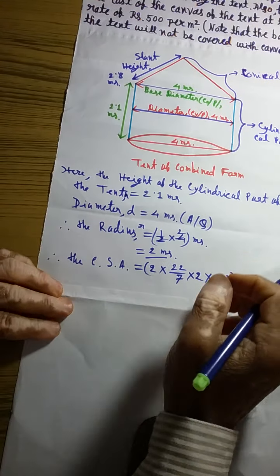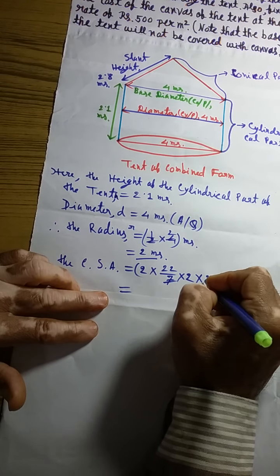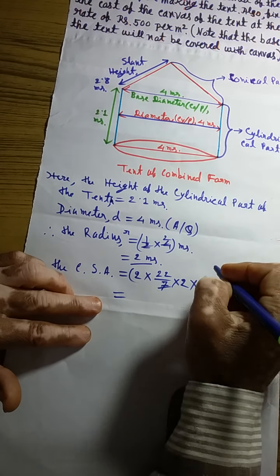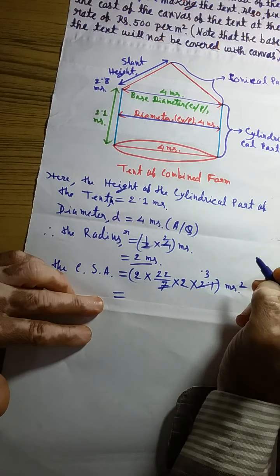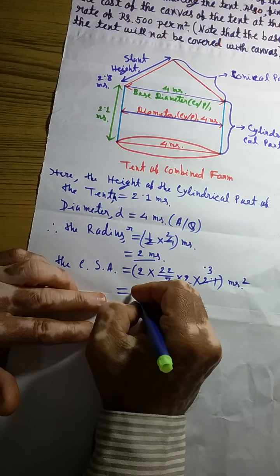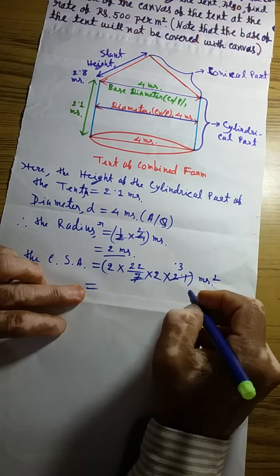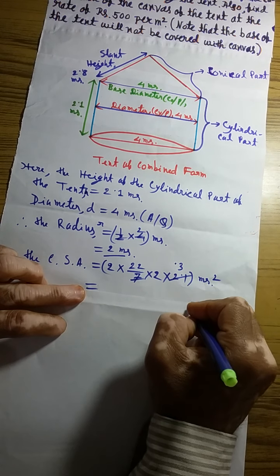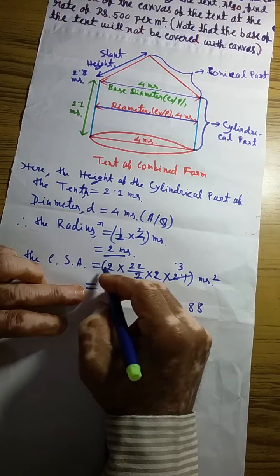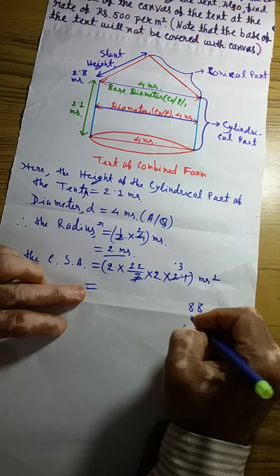After this, you can do calculation or cancellation here. 7 3s are 21, so we get 0.3. After this, if we multiply 22 by 4, we will get 88.